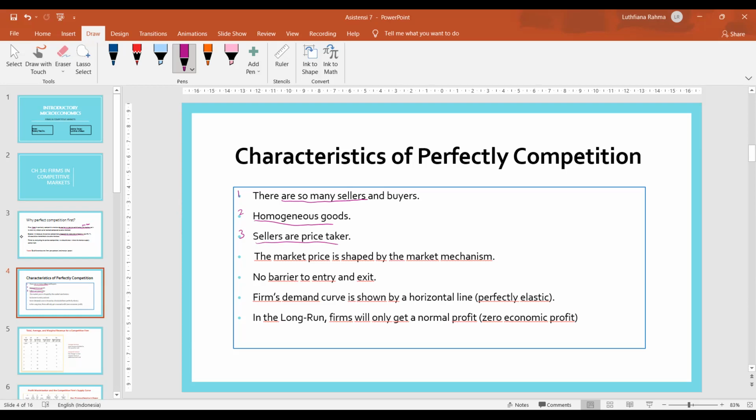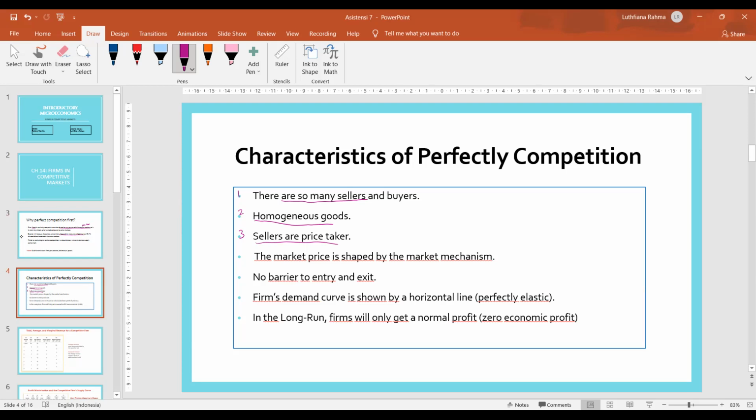They must follow the price that the market sets. They should sell at the market price.